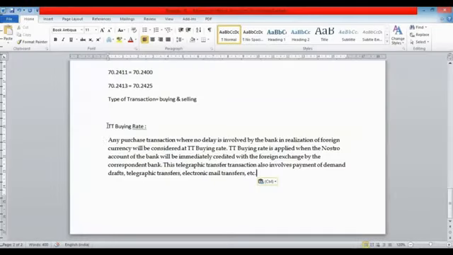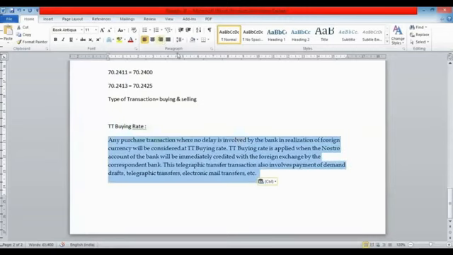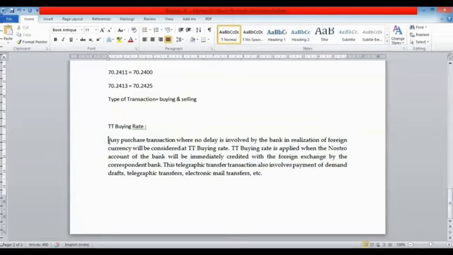I told you regarding TT. Just try to read. See, any purchase transaction where there is no delay by the bank in realization of foreign currency. That means the bank is buying the foreign currency. I always said that you are supposed to consider yourself as bank.